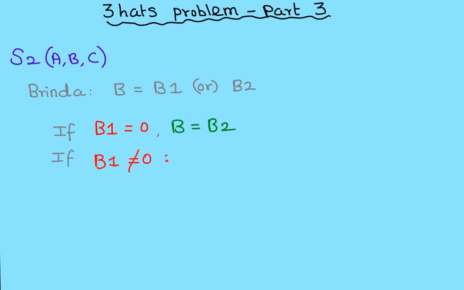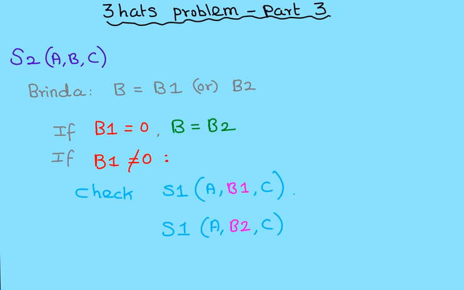If B1 is not equal to 0, then she checks both B1 and B2 to see what happens to the first statement. She knows that one of her possible values, which is the actual value, results in the first statement to be 0. That is Albert saying I don't know my number. So if the other value results in the first statement to be 1, then she can eliminate that number and claim the other value as a number.